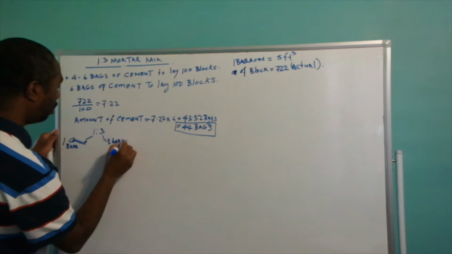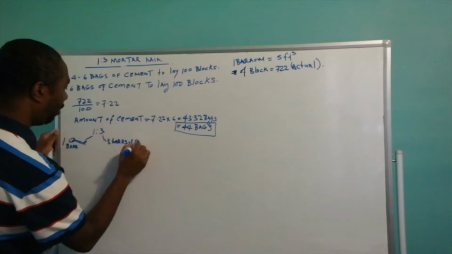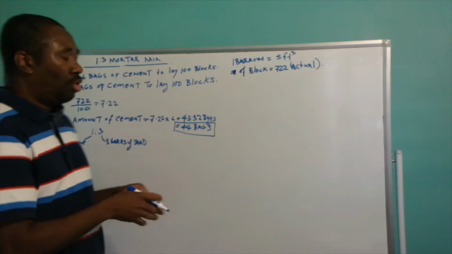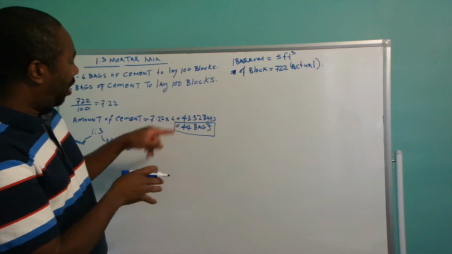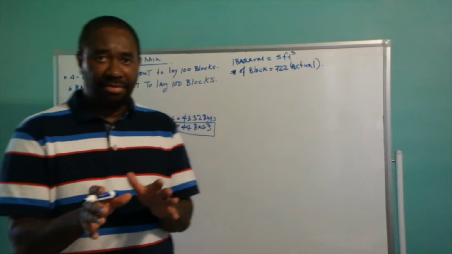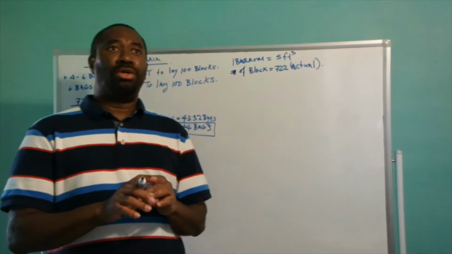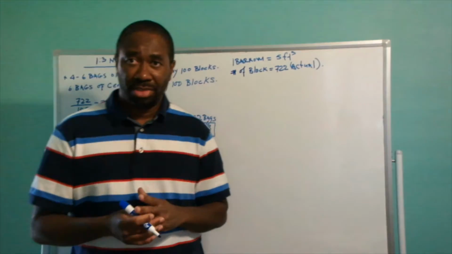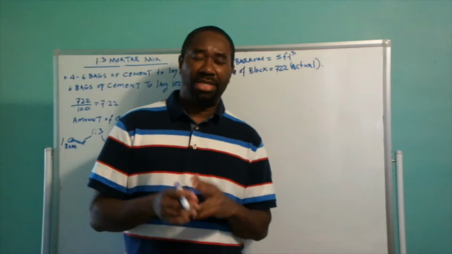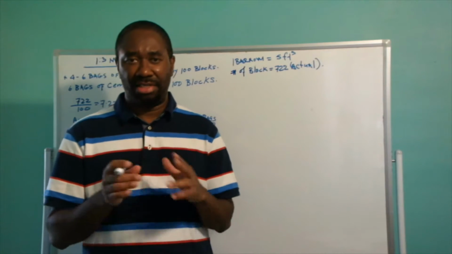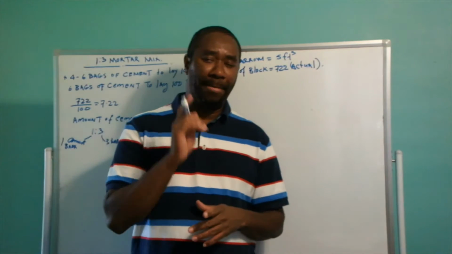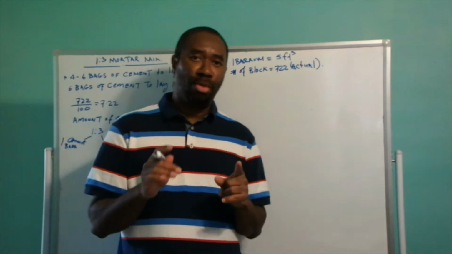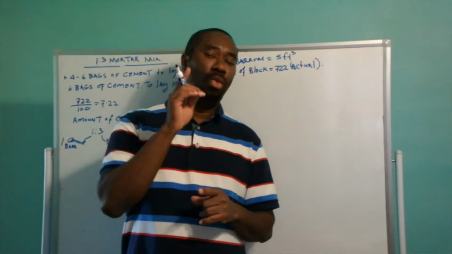We have calculated 44 bags of cement. In my estimation, based on when I was a project manager, it takes approximately 2.5 bags of cement to fill 1 barrel. But for ease of calculation, I'm going to use 2 bags of cement to fill 1 barrel.